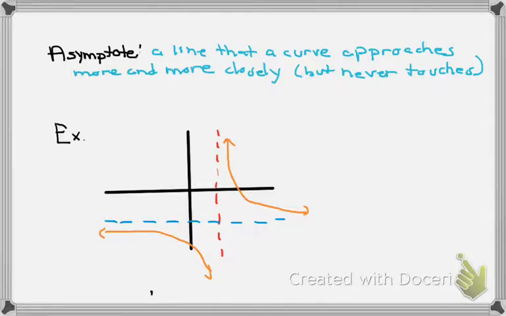Now, just to give you a definition, an asymptote is a line that a curve approaches more and more closely but never touches. So I have an example below here. In this example, for instance, we have x is equal to 2. Now, when x is equal to 2, what we call this is actually a vertical asymptote.